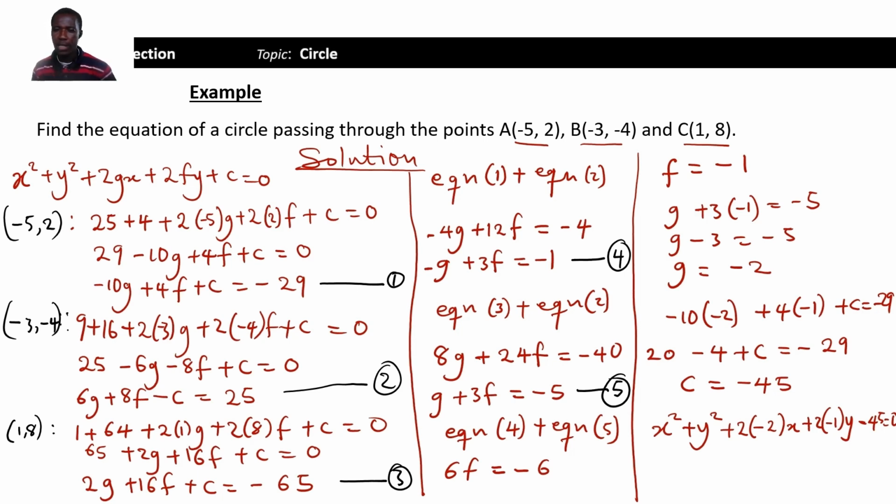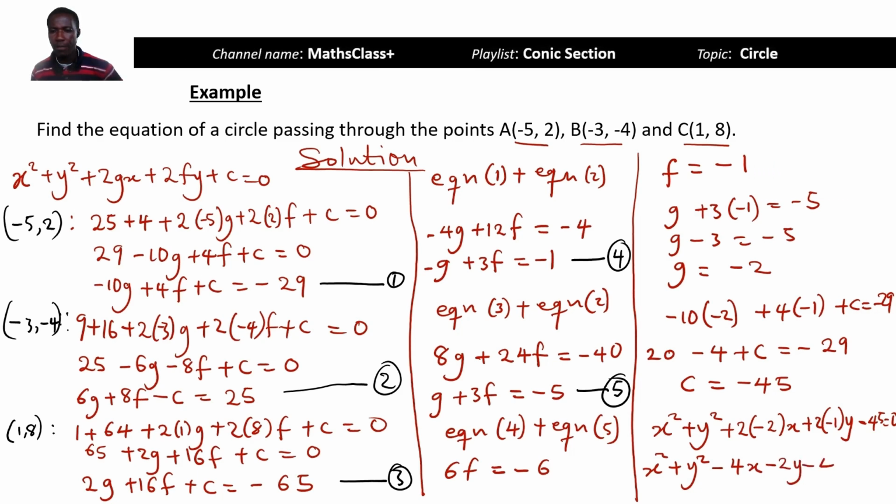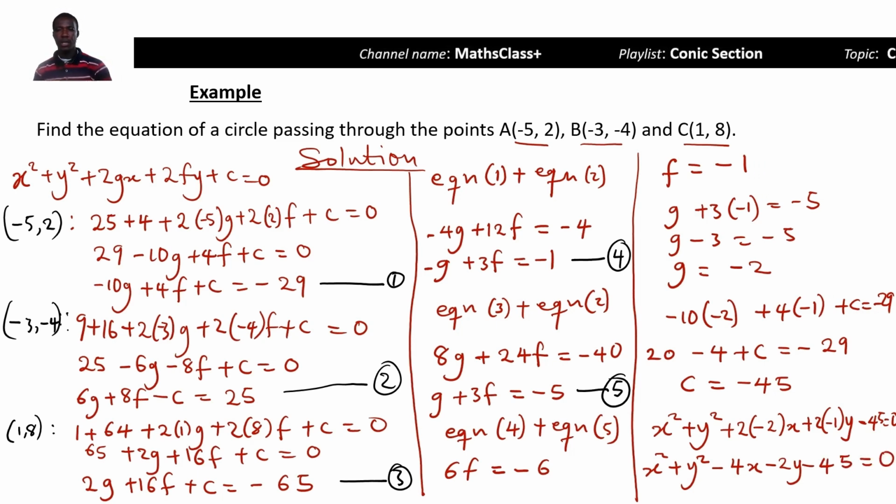So the final answer will be x squared plus y squared minus 4x minus 2y minus 45 is equal to 0. That is the equation of the circle as required.